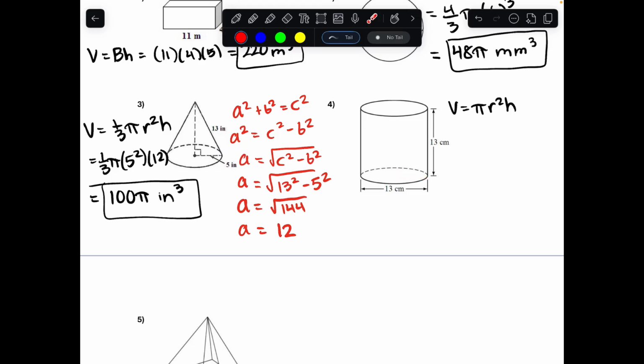So 13 divided by 2 is going to be 6.5. So we can go ahead and plug in the information into our formula. So we'll have that the volume is equal to pi times 6.5 squared times our height of 13. Plugging all this into a calculator, we're going to see that we get 549.25 pi centimeters cubed.